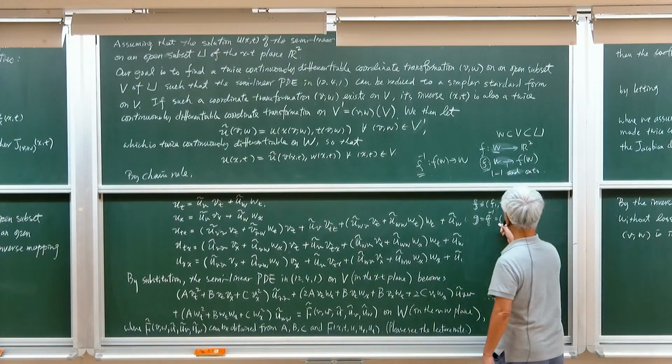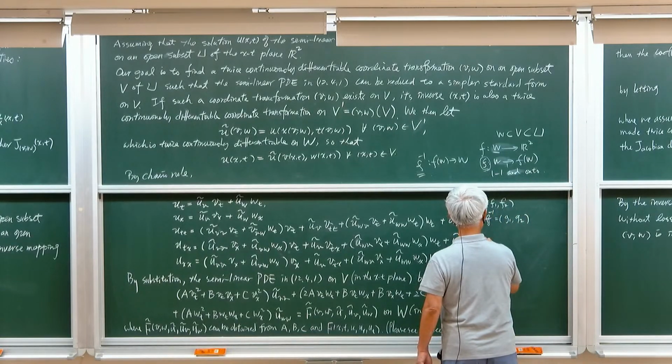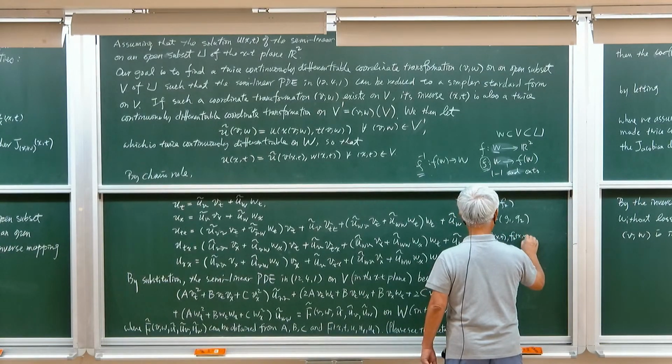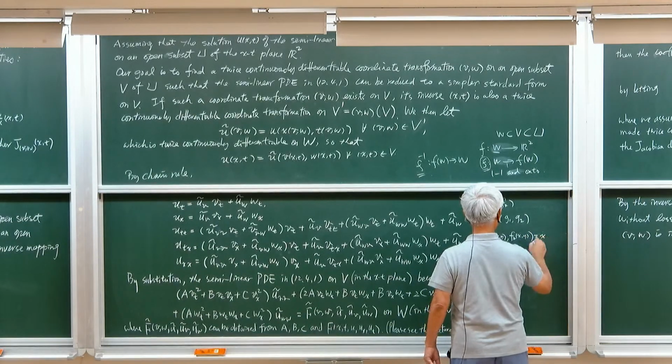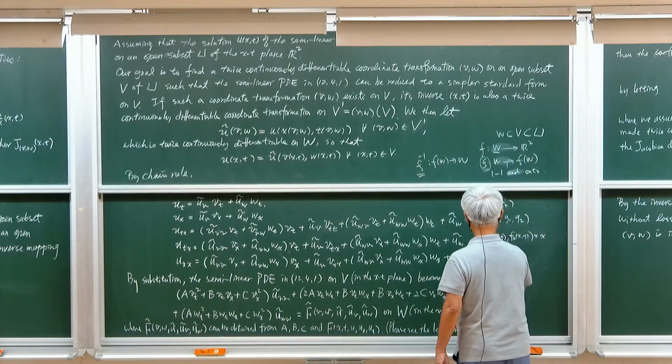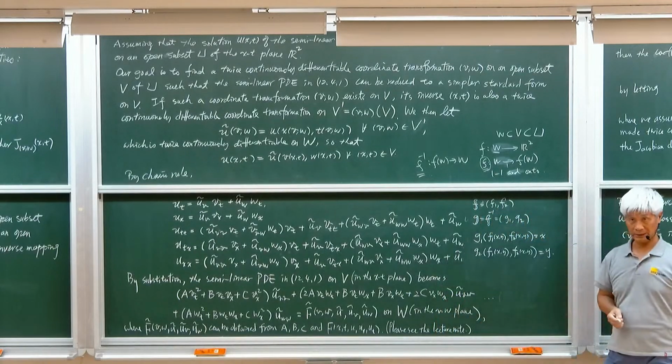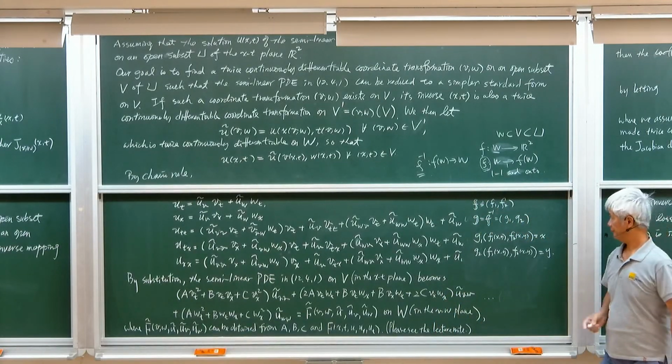Now G1 of F1(x,y) and F2(x,y) is equal to x, right? And G2 of F1(x,y), F2(x,y) is y. So this is what the inverse mapping means.